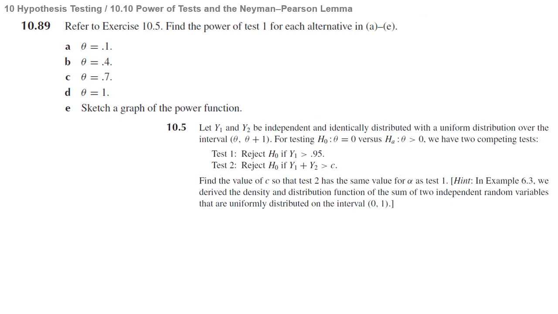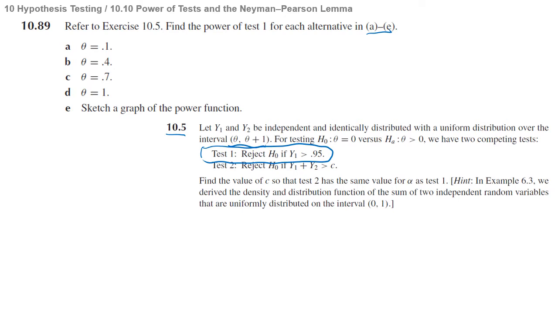Let's try to solve exercise problem 10.89. Refer to exercise 10.5. Find the power of test 1 for each alternative in A to E. Here is exercise 10.5, and we want to consider test 1. Let y1 and y2 be independent and identically distributed with a uniform distribution over the interval here.